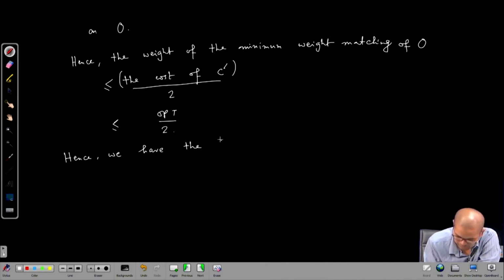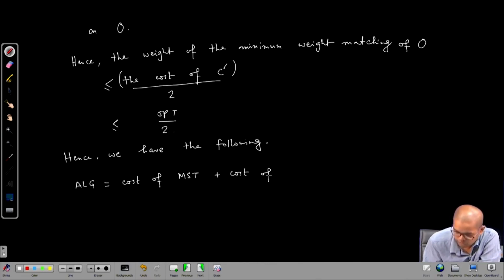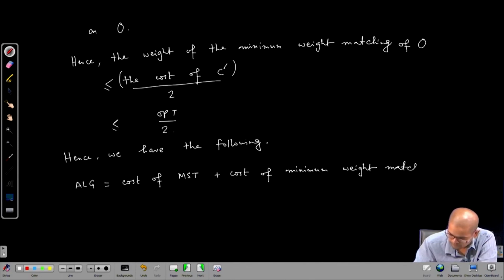So, hence we have the following: alg is cost of MST plus cost of minimum weight matching on O. Cost of MST is less than or equal to opt and cost of minimum weight matching on O is less than or equal to opt by 2, which is 3 by 2 opt.